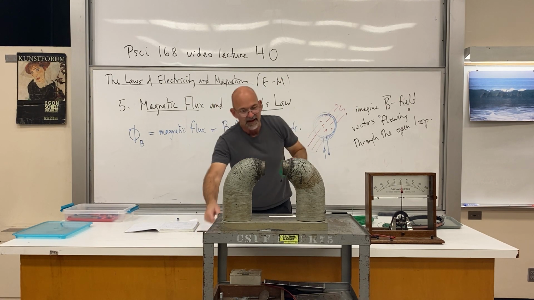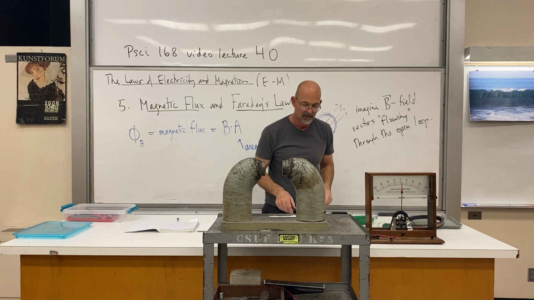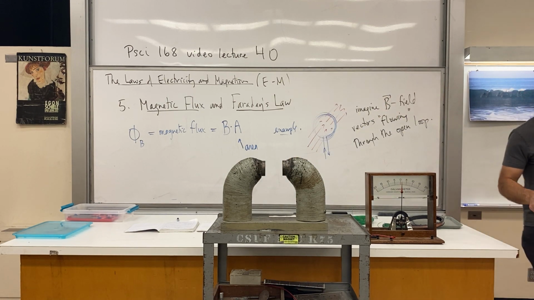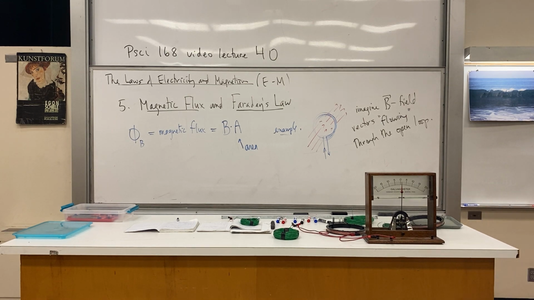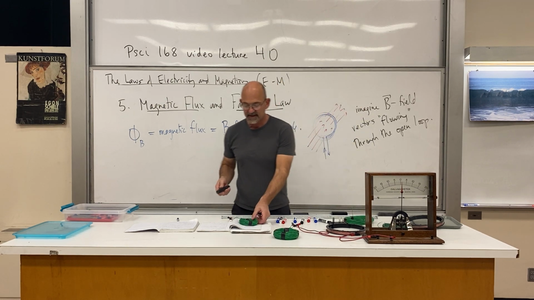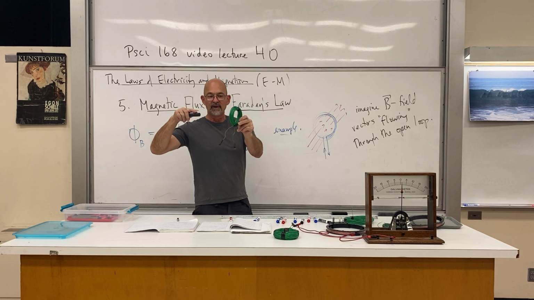Okay, that's the idea of what we're doing. Now I'm going to pull that giant magnet away. I can do the same thing without that big contraption. I can say, well, this is a magnet with vectors coming out. Can't see them, but they're flowing through, okay?